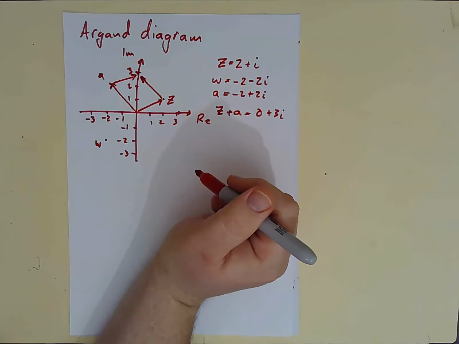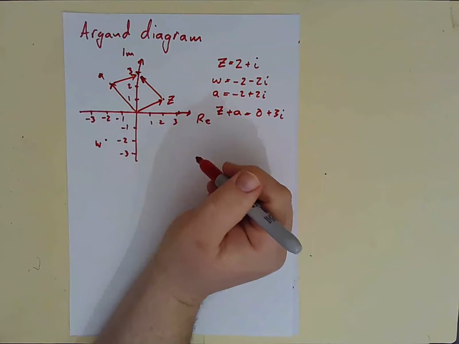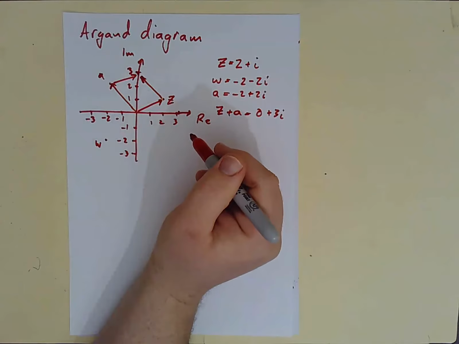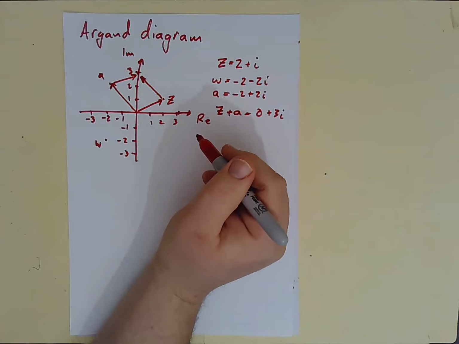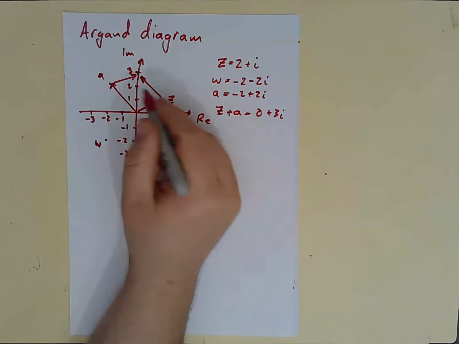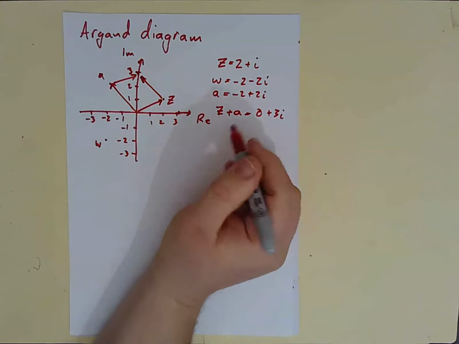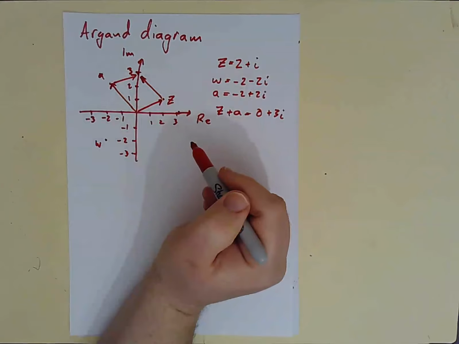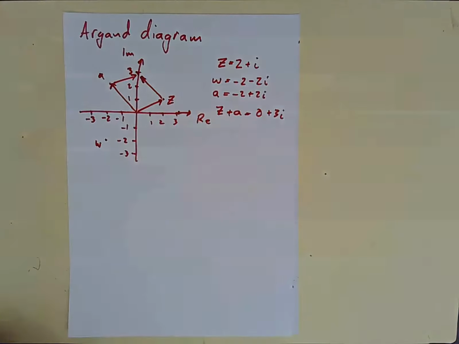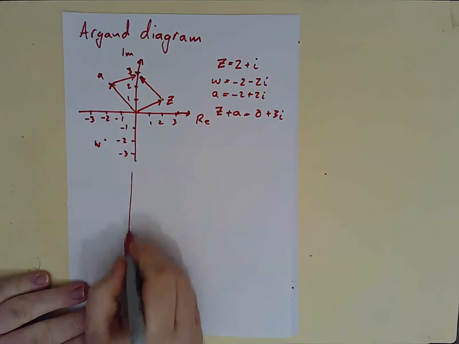And that's really more to do with how adding and subtracting works than this. But sometimes it's useful to think about these as vectors. And we'll go more into that in year 12. But that's the basic idea, is we're representing a single number as a point on a plane, the real and the imaginary parts.